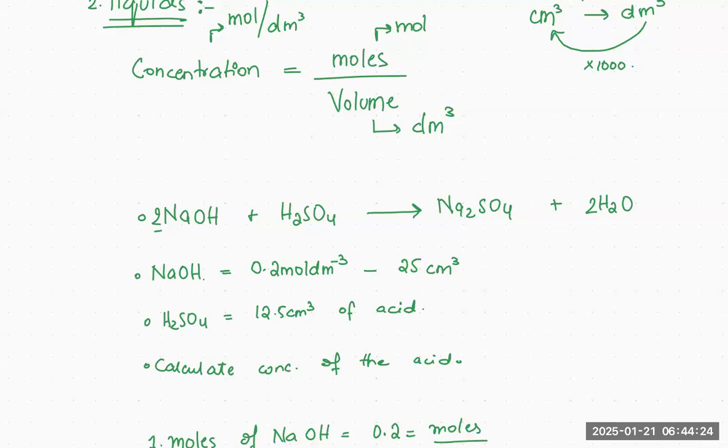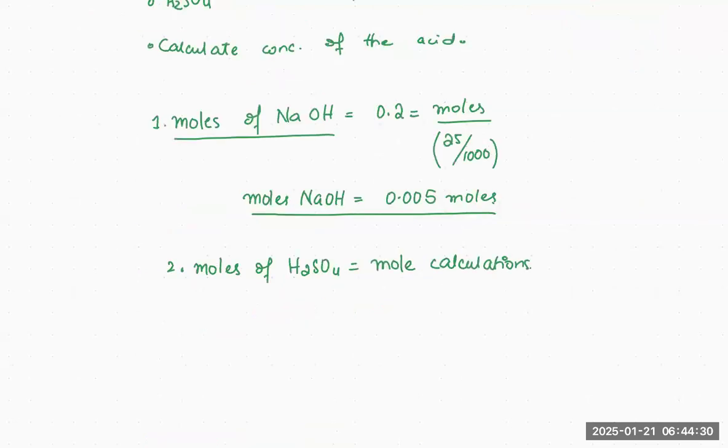Now we make the formula like I taught you previously. The moles of sodium hydroxide divided by moles of sulfuric acid. The moles of sodium hydroxide are 0.005. The moles of sulfuric acid are not known.